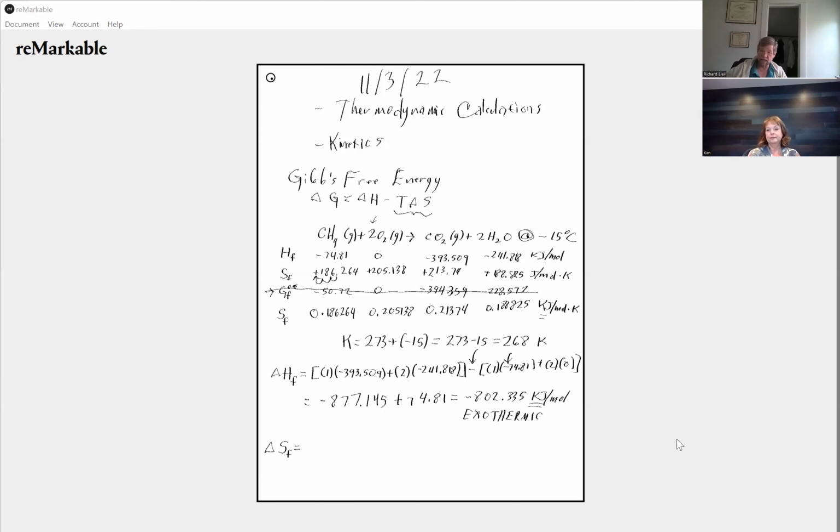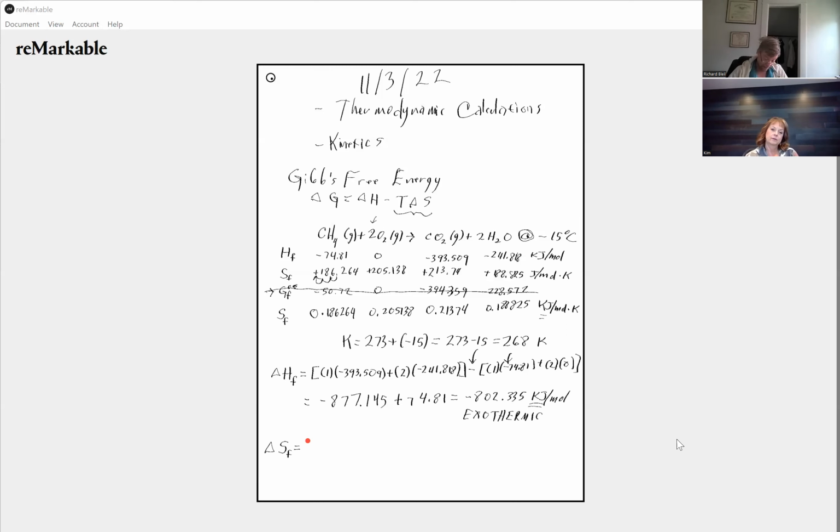And it increases as you go from more condensed states, liquids or solids, to the less condensed states, like gas. In this case, they're all gases. It's the same number of moles. I don't know if entropy is going to increase or decrease for this reaction, but fortunately, I don't have to guess. I can do the calculation.